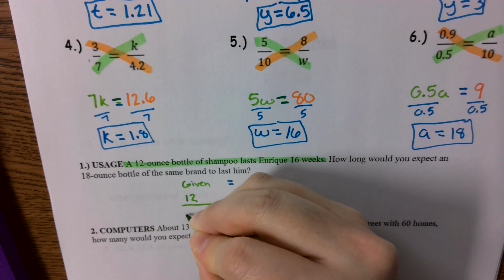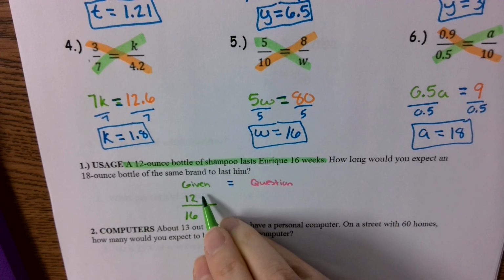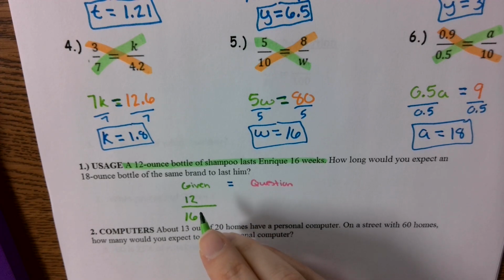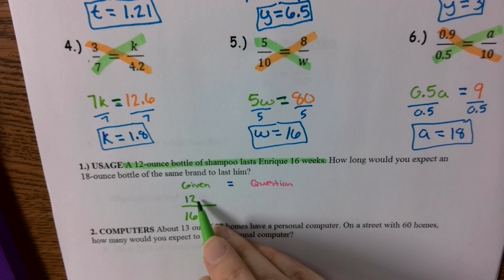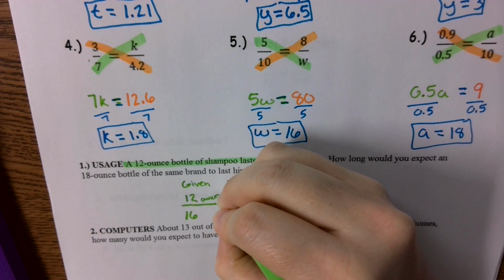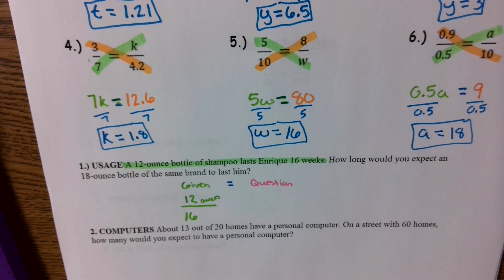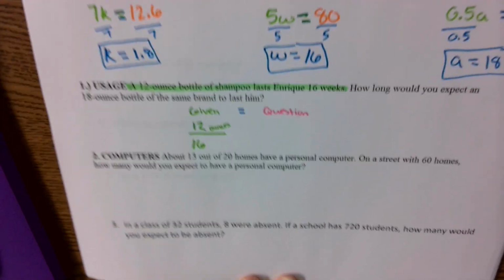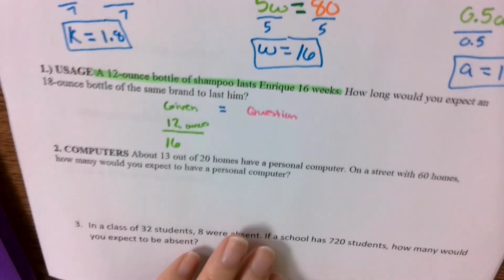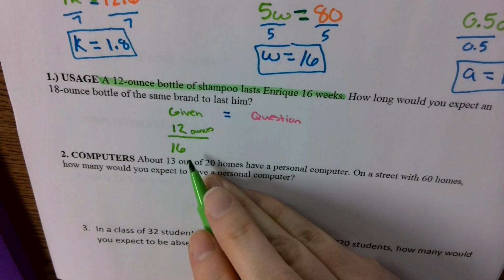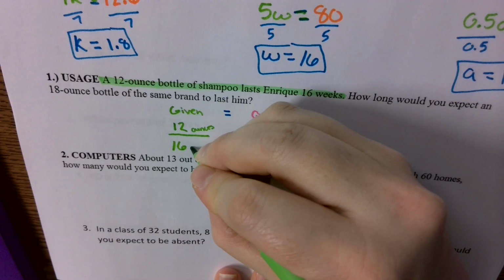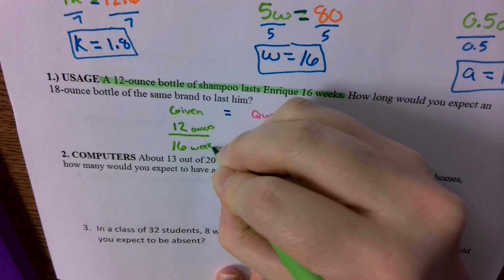But I want you to notice I'm not going to just put the numbers. I'm going to put what those values represent. What does 12 represent? Ounces. So off to the side, I'm going to put that these are ounces. This information is going to be very helpful for me when I'm setting up my question's ratio. Then 16 is going to represent weeks, so right next to 16, we're going to write down that these are weeks.